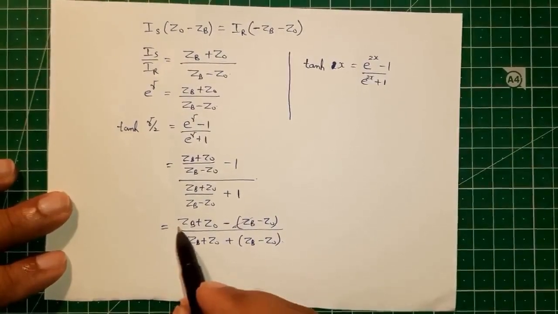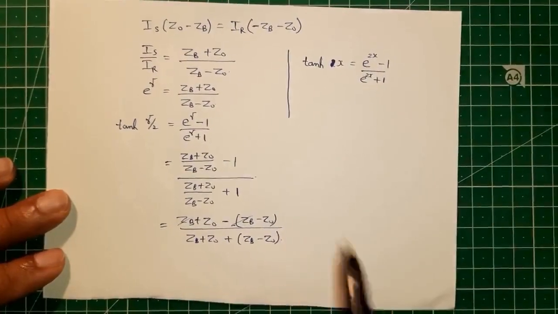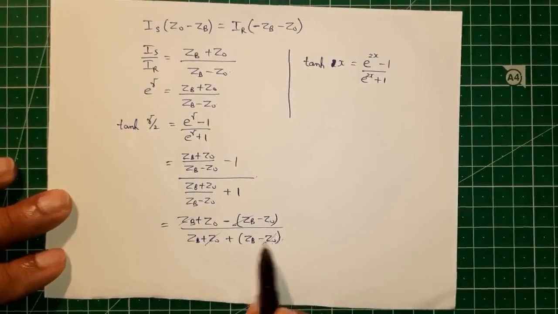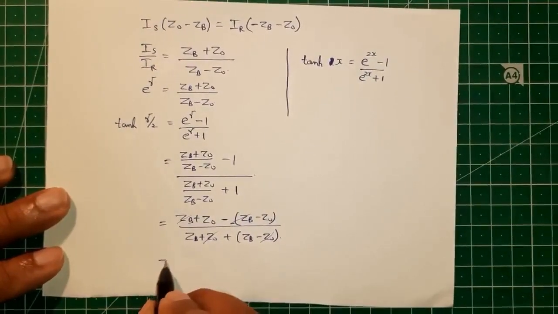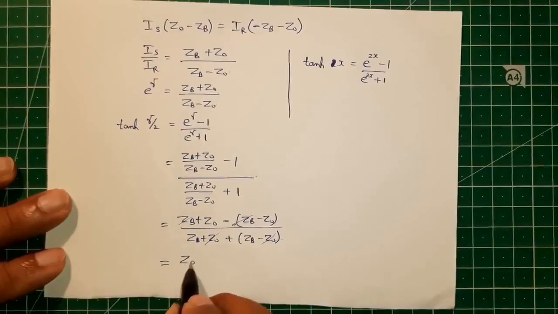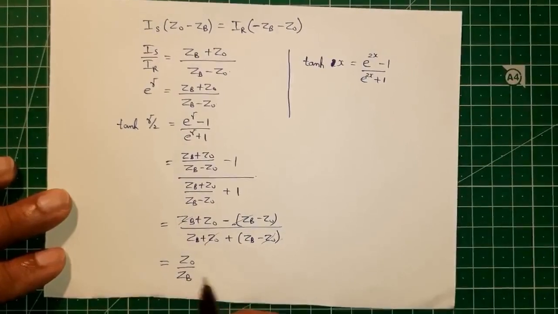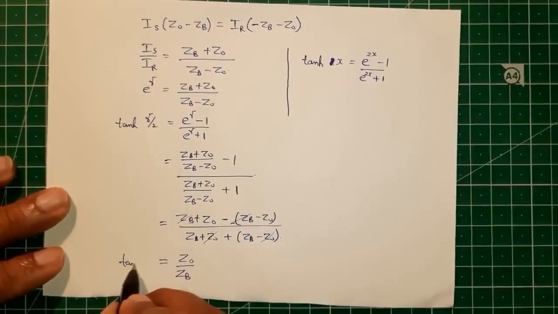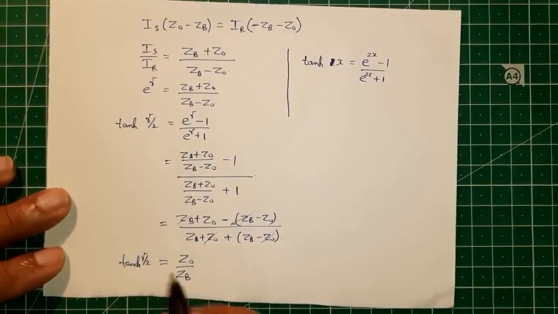So we have ZB cancelling here, and it will be twice Z0, and here we have Z0 getting cancelled, we have twice ZB. So 2 will get cancelled from numerator and denominator, we have Z0 by ZB on the right hand side. So this is our tan h gamma by 2.